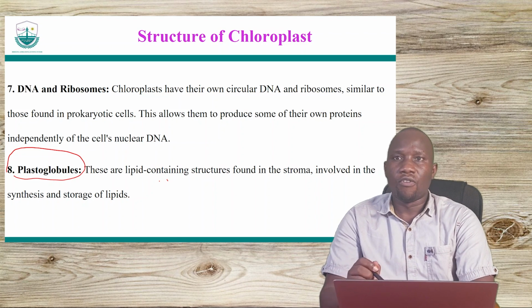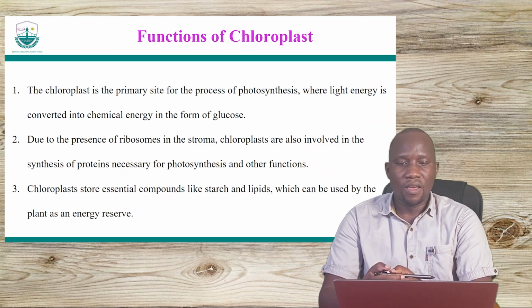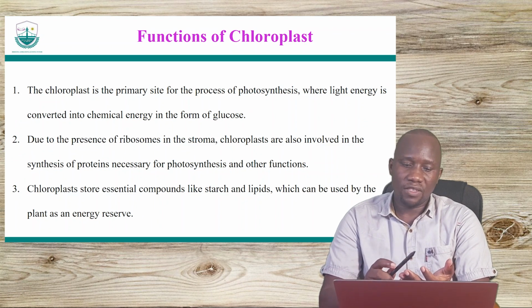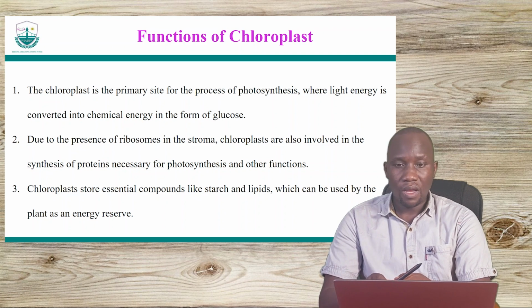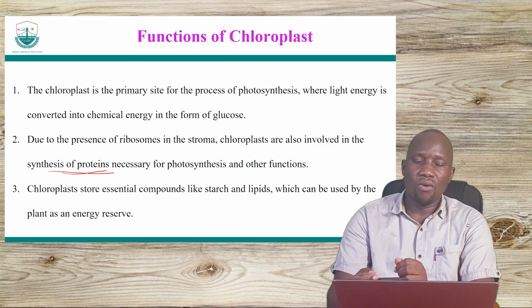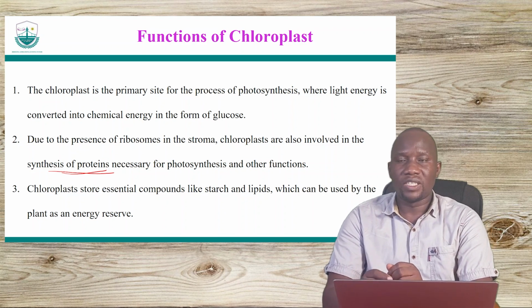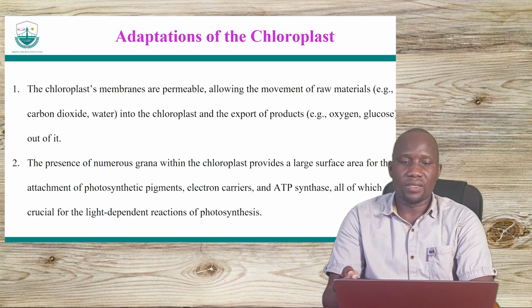Photosynthesis primarily happens in the chloroplast, but since you have some ribosomes within the chloroplast, that means the chloroplasts are also involved in protein synthesis. There are also some starch and lipids in the chloroplast.